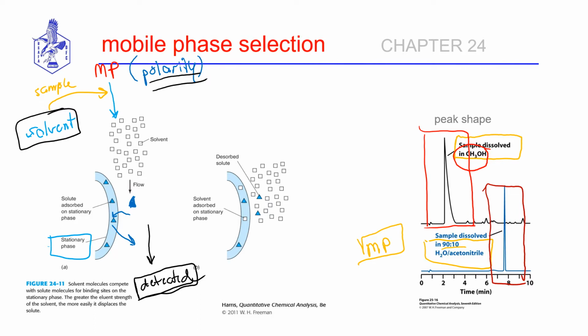So in selecting our mobile phase, we want to use a polarity that's going to affect a clean separation in the least amount of time possible. And we also need to be cognizant of the solvent we're using to dissolve our sample.